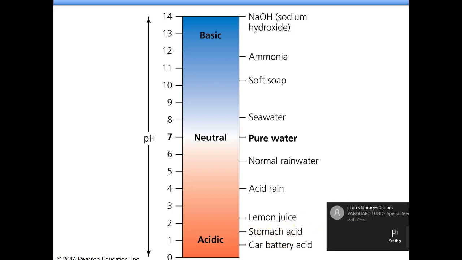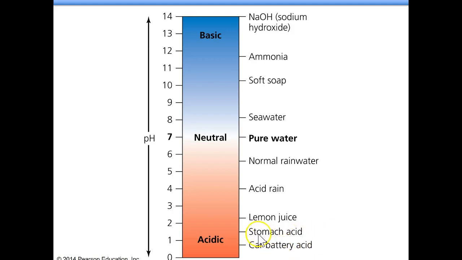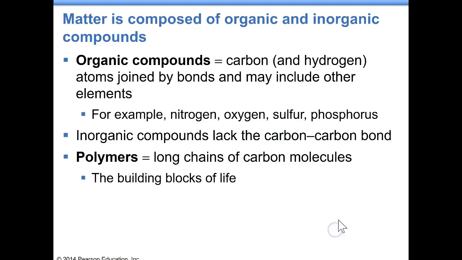This can actually eat the paint away on your car if you were to put it there. Car battery acid is one of the strongest at 0.5. And notice, the colors are important. Anytime you have a base, it's blue, and anytime you have an acid, it's red. Okay, so that is consistent. That's what we use in determining that when we use pH papers.